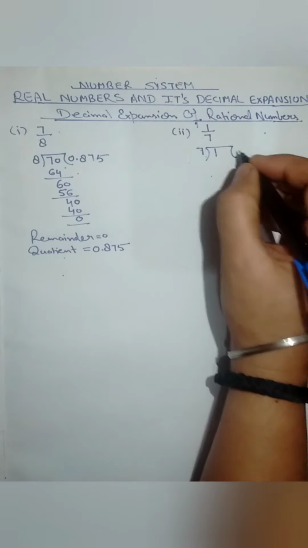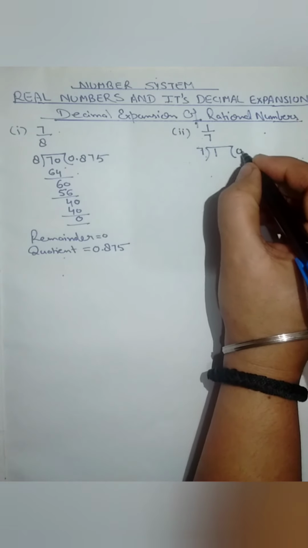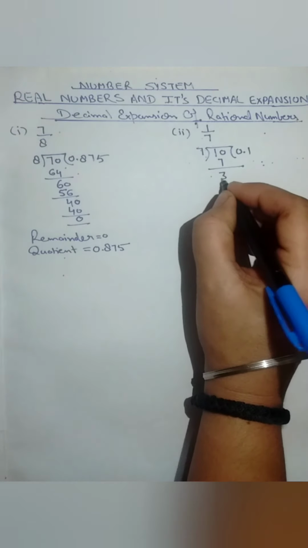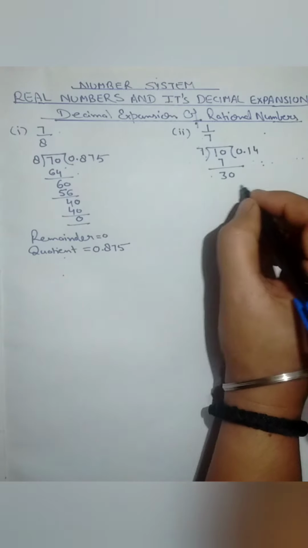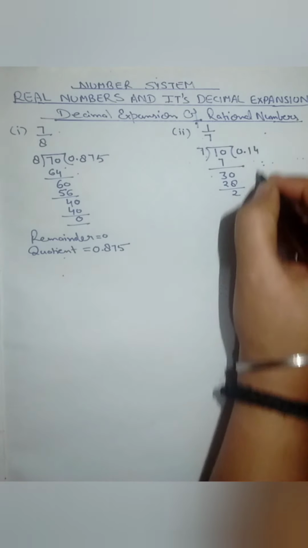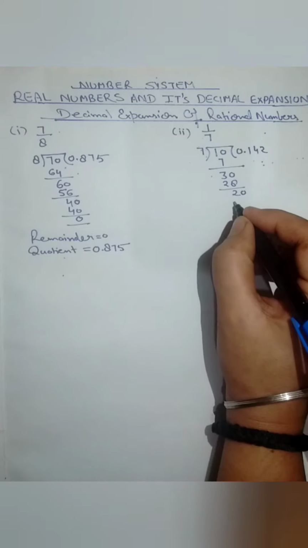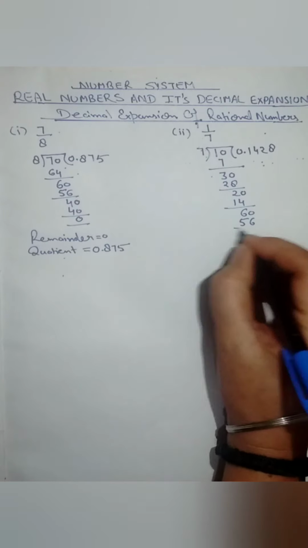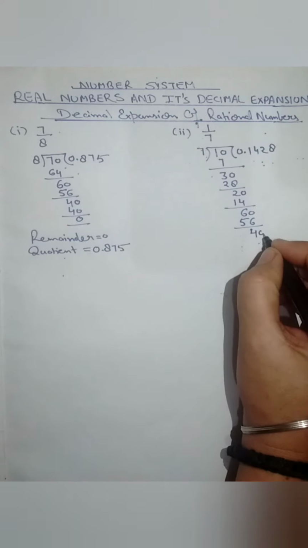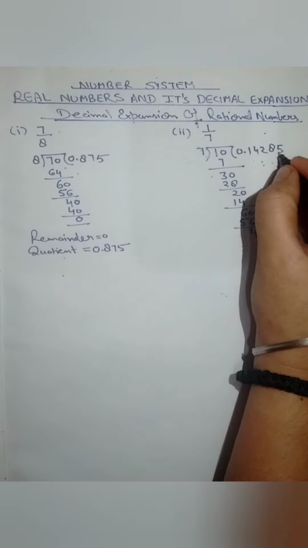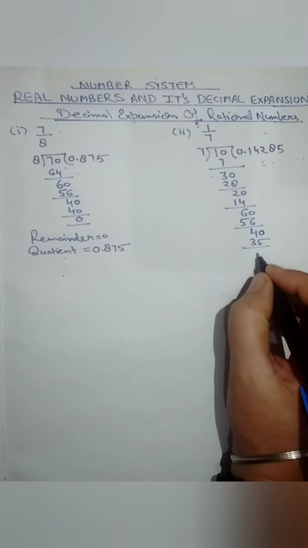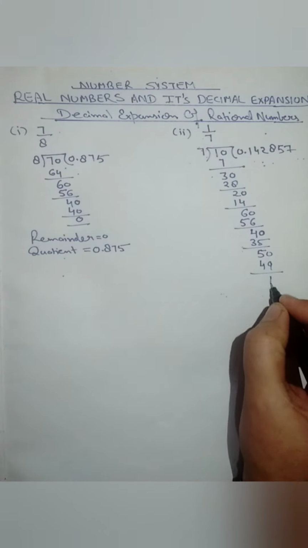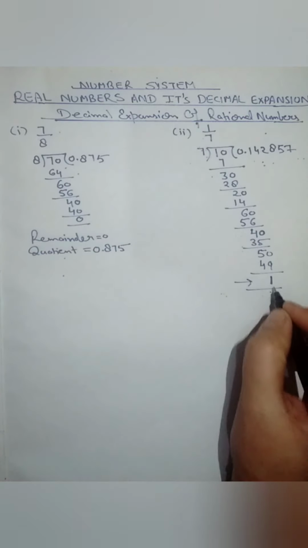If we divide 1 by 7, as 1 is less than 7, we'll put the decimal, increase 1 0, then we'll get 3, again 0, 28, 2, again we'll increase 1 0, 7 2s are 14 will come, then 6, 8 will come, 56, then 4 will come, and 5, 35, 5 will come, 7 7s are 49, and again we reach 1.